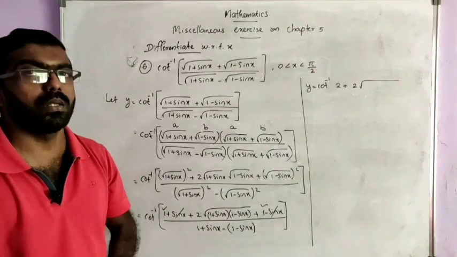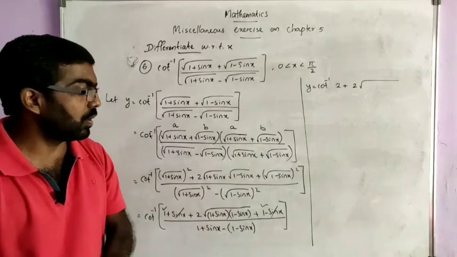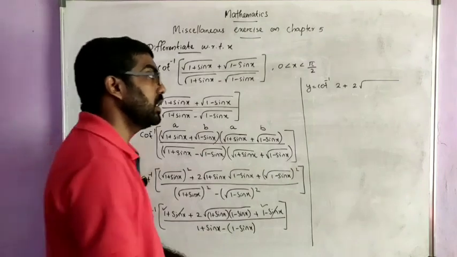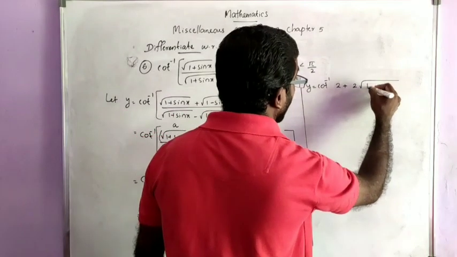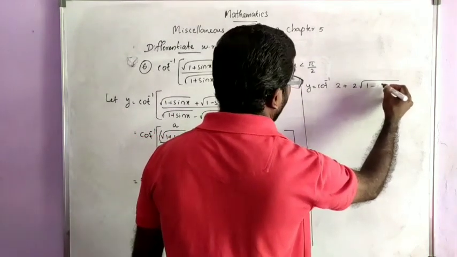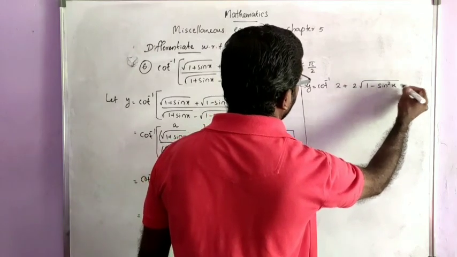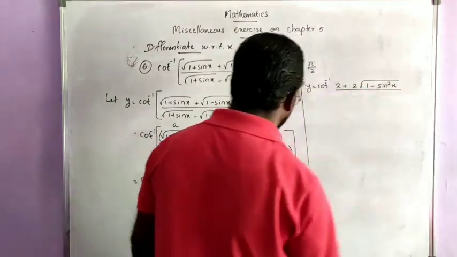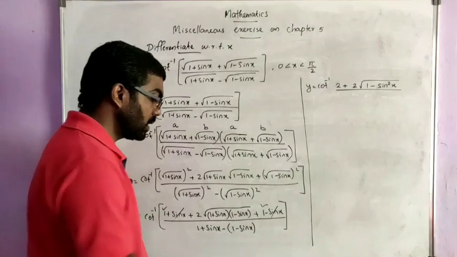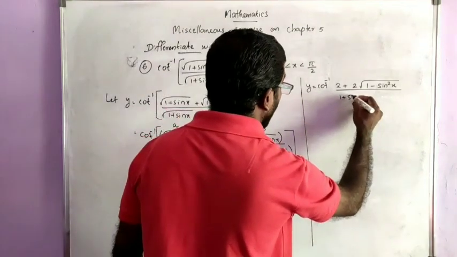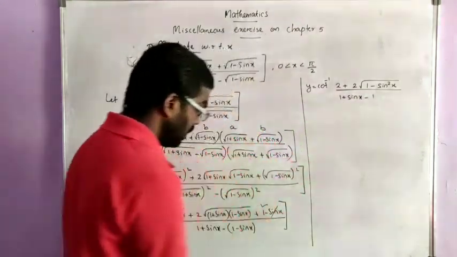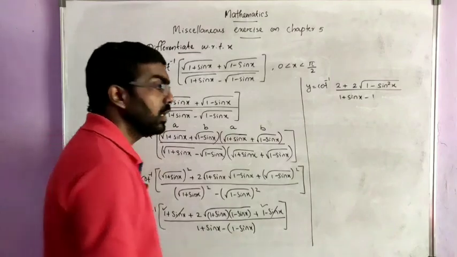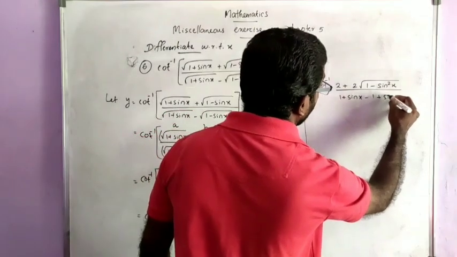Again the identity a plus b into a minus b is a square minus b square. 1 square minus sin square x, divided by, here we can open the bracket, 1 plus sin x minus 1 plus sin x.